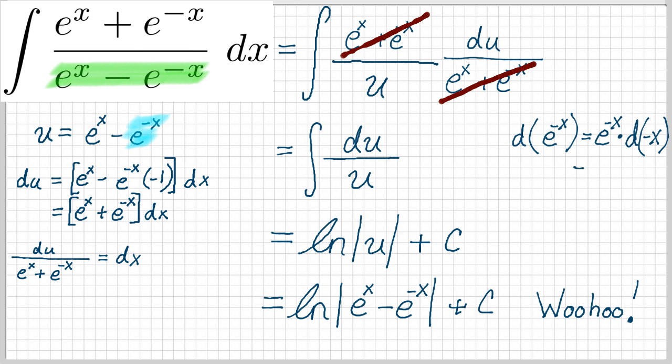But the derivative of -x is just -1. And then because it's just -1, I can pull that minus to the front there.